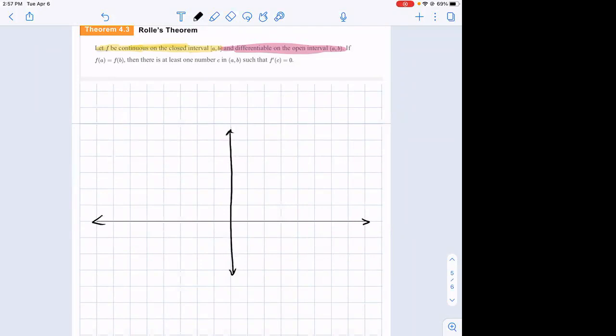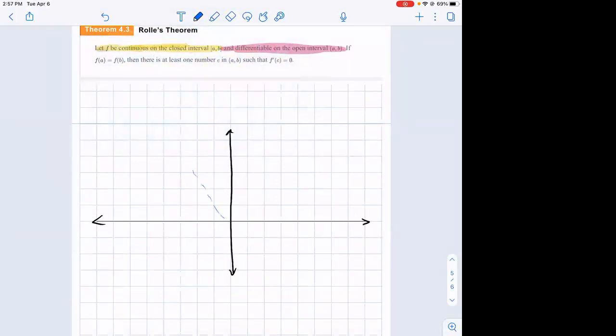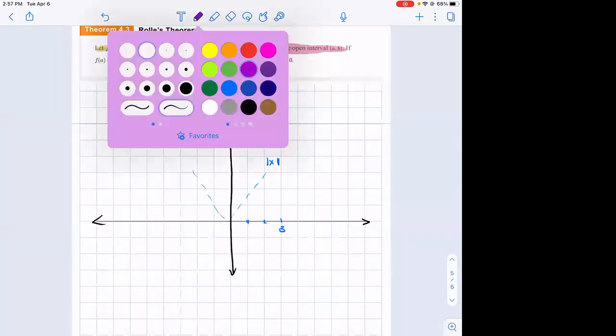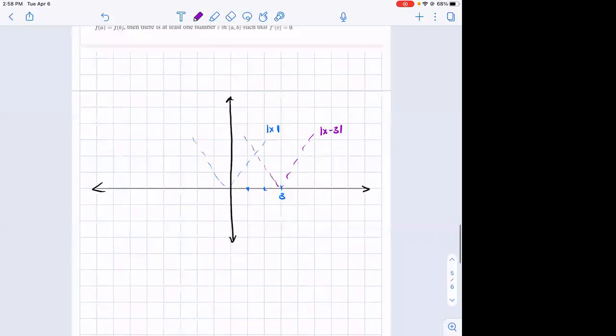The absolute value of x looks like this. But what does the absolute value of x minus 3 look like? It would look like this. This is the absolute value of x minus 3. But you have 3 minus the absolute value of x minus 3.